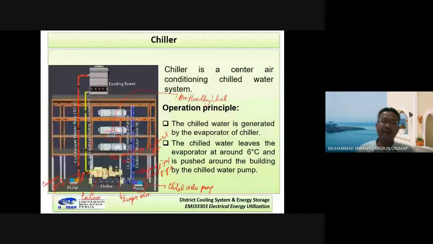Then this condenser pump pumps the water to the cooling tower. The cooling tower has the same function as the aircon outside our room; it is an outside installation.